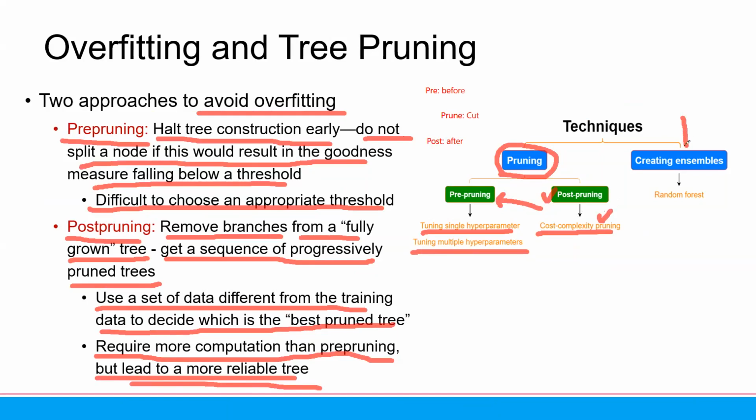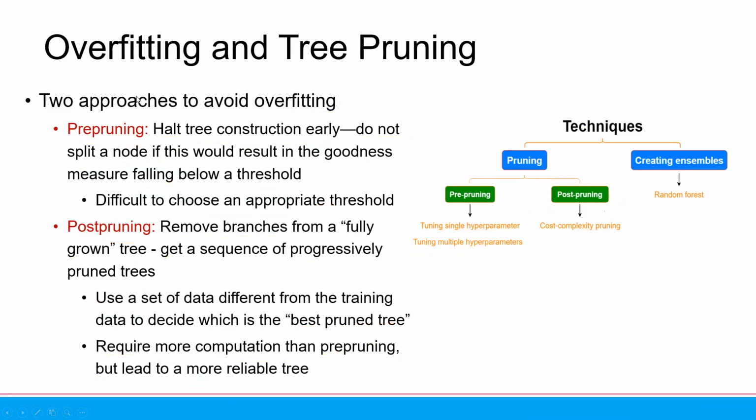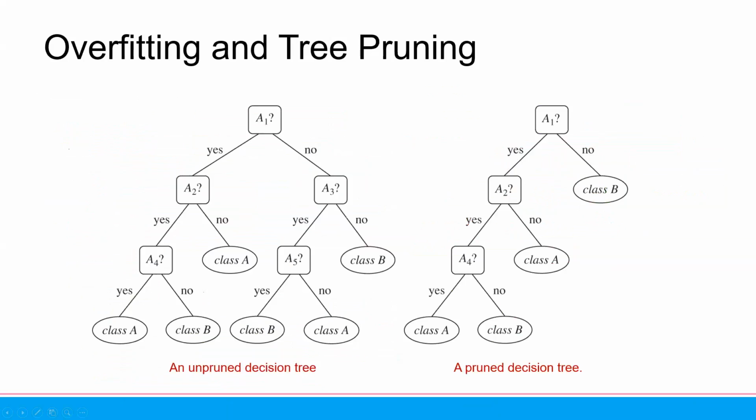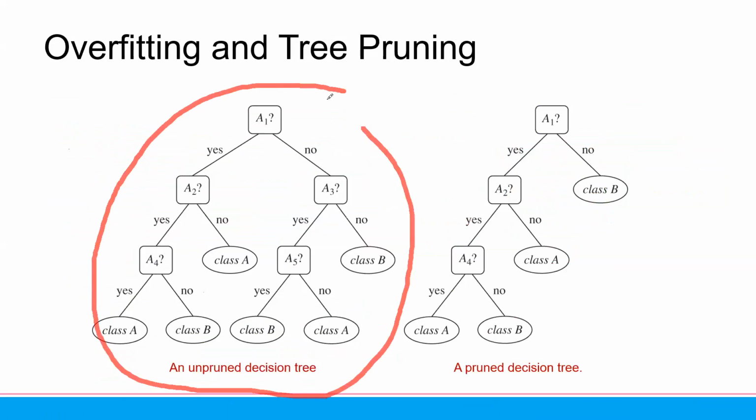The other technique is creating ensembles, but I think I will not discuss it in detail. So let's just learn these two. We have this decision tree. So let's suppose I have this decision tree and, okay, I want to prune. This is the unpruned decision tree.